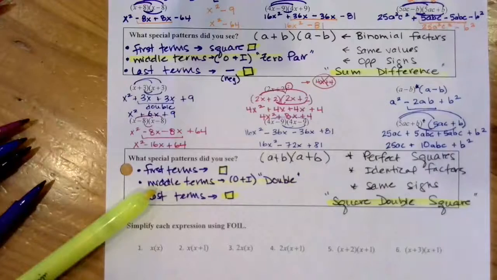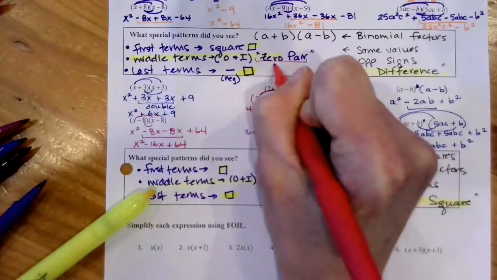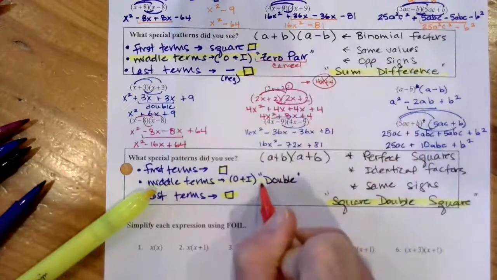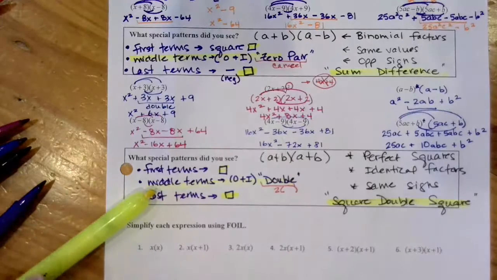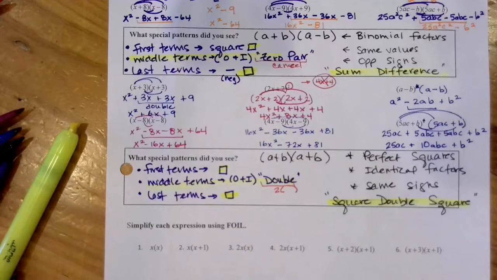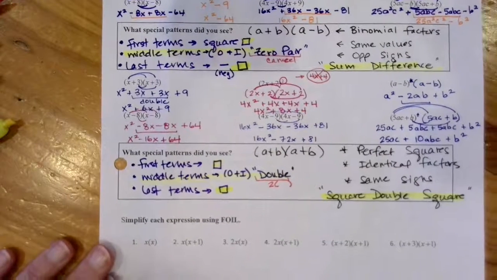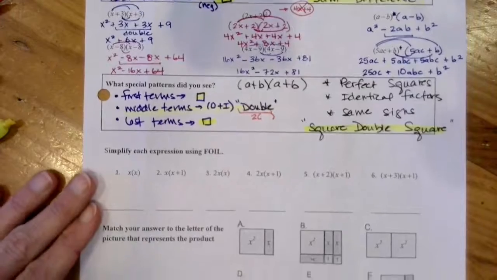When they were a zero pair here, they canceled out. When here they're a double, I wind up with twice that value. So that's going to be a big thing when we talk about factoring, which is our lesson that's going to hit us next week.